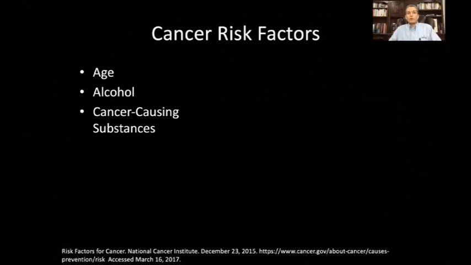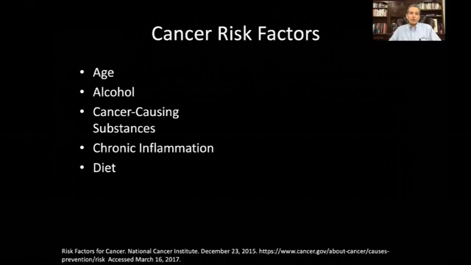There are cancer-causing substances that you come in contact with that can cause cancer, like asbestos, right? Chronic inflammation, so if you have an inflammatory process that stays in place for a long time, that can cause cancer. Dietary factors, we know that processed red meat is a class 1 carcinogen, classified that way by the World Health Organization.